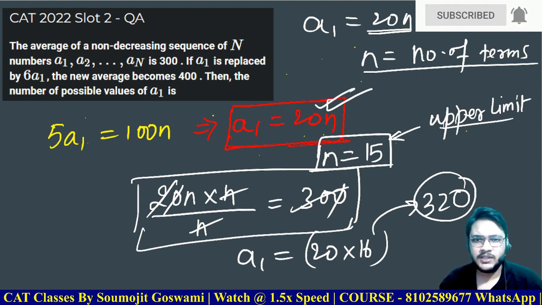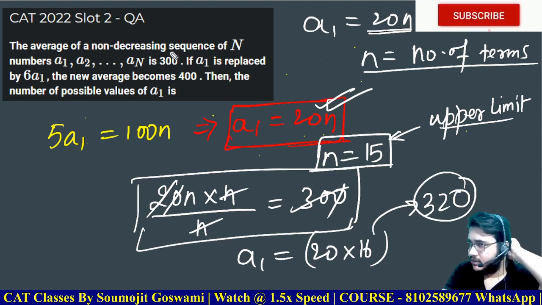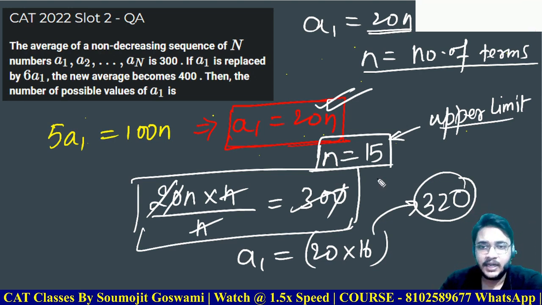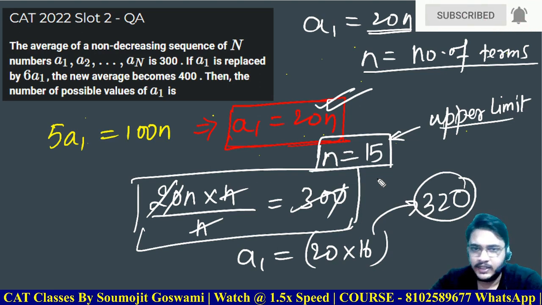Is the average going to be 300? The average can never be 300 for n equal to 16. Now that is a very interesting idea, because now my upper limit has been defined at n equals 15.